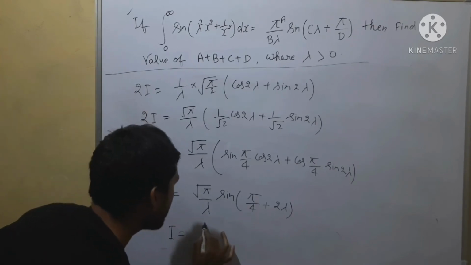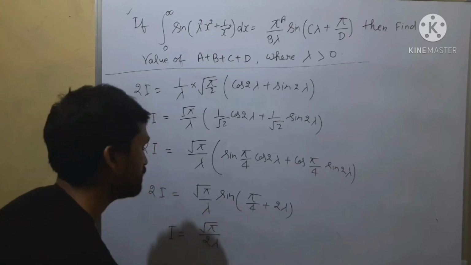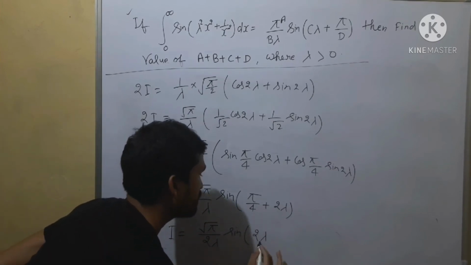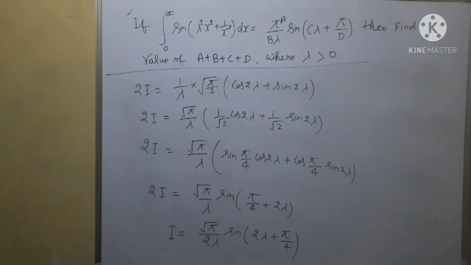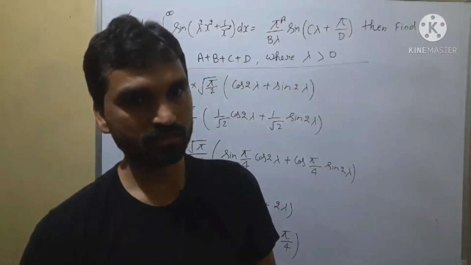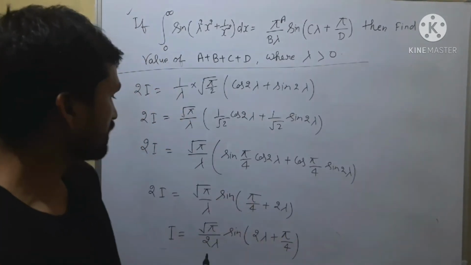It will be divided by 2, so it is root pi by 2 lambda, and this is sin of, we can write 2 lambda before and pi by 4 here. Okay, it is our final result of LHS. This is our final result of LHS guys.